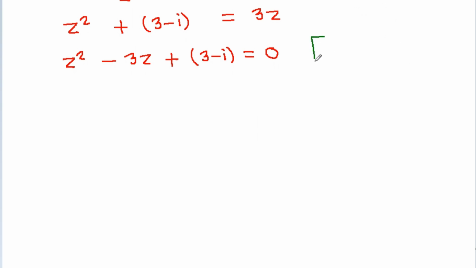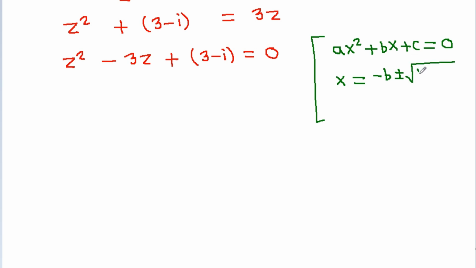And for a x square plus b x plus c equal to 0, x is equal to minus b plus minus square root of b square minus 4ac, by 2a.